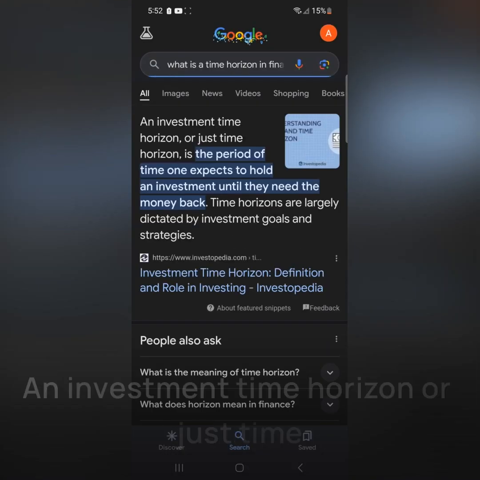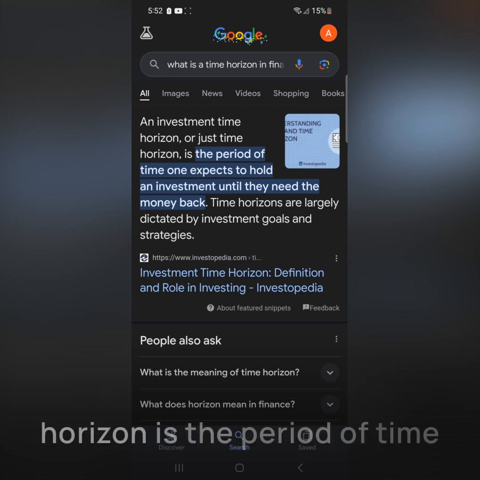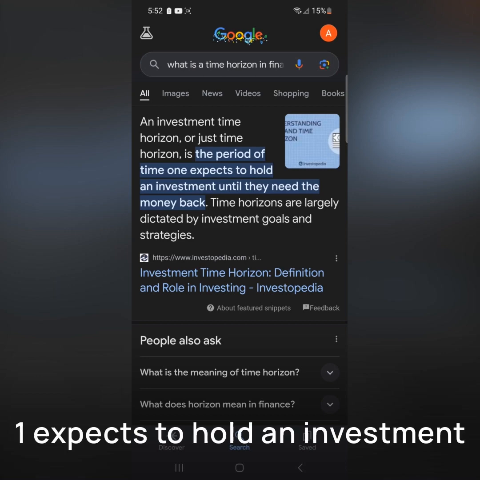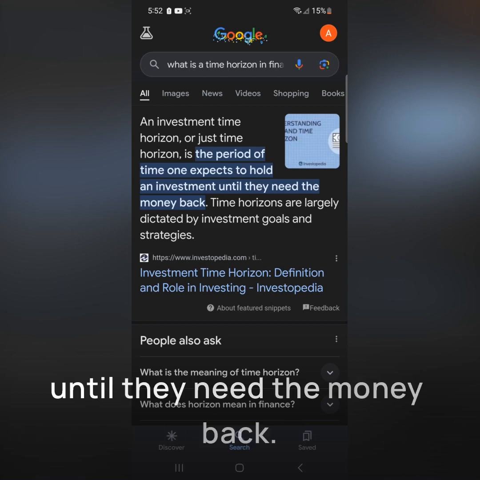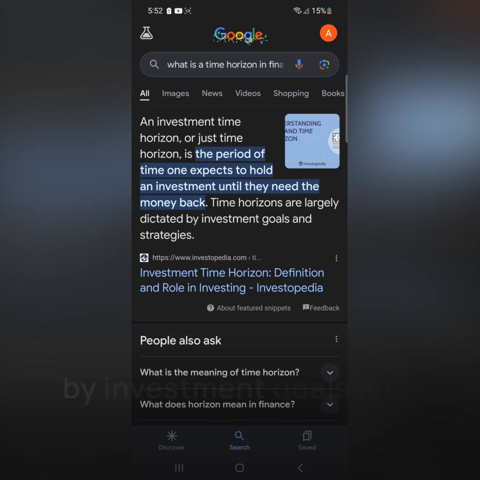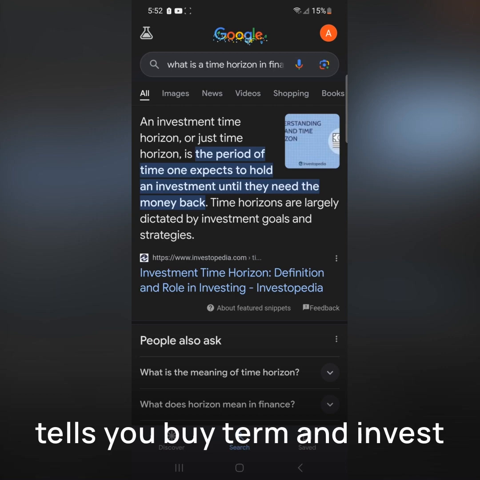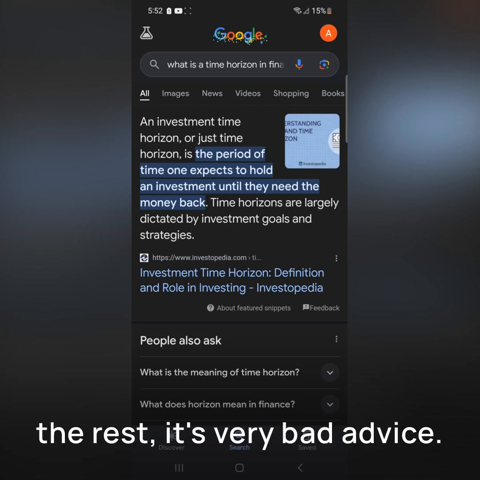In finance, an investment time horizon, or just time horizon, is the period of time one expects to hold an investment until they need the money back. Time horizons are largely dictated by investment goals and strategies. So this is why when someone tells you buy term and invest the rest, it's very bad advice.